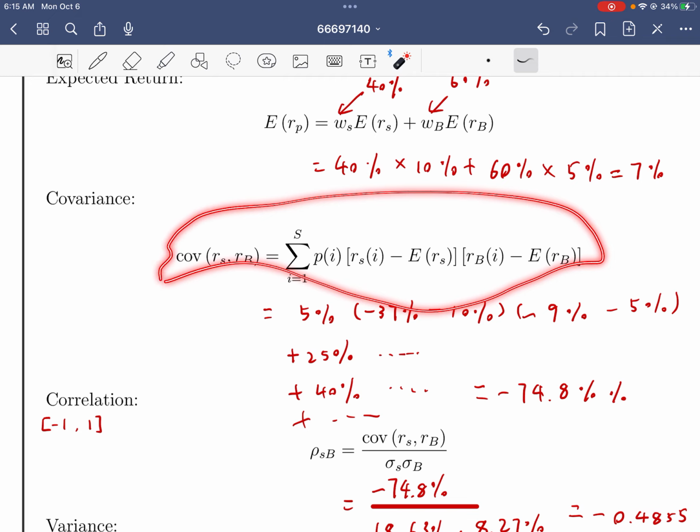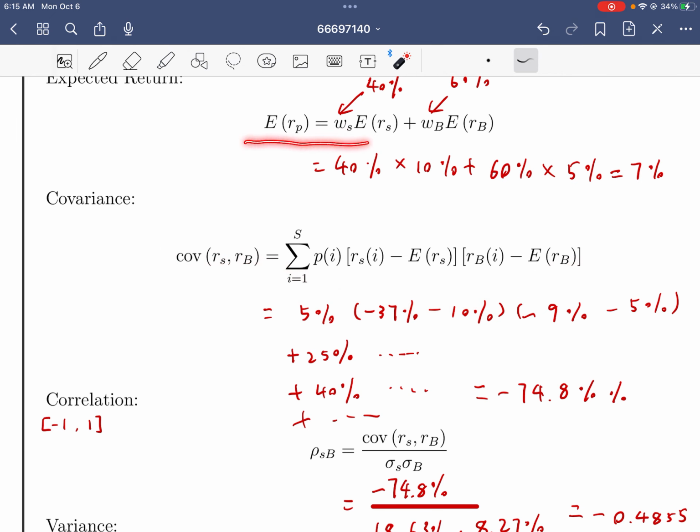In this equation, you can notice that there are no weights. Like for the expected return here, you have weights of stock, weights of bonds. But in this equation, there are no weights. It's just simply a statistical measurement of the co-movement of two assets.